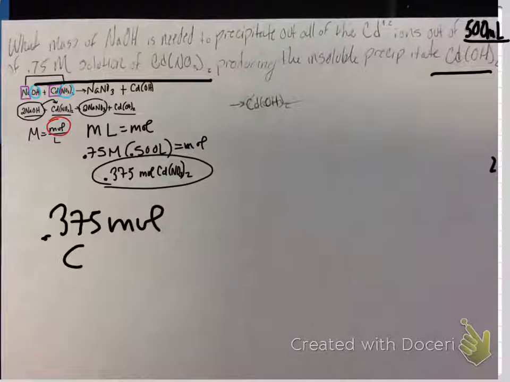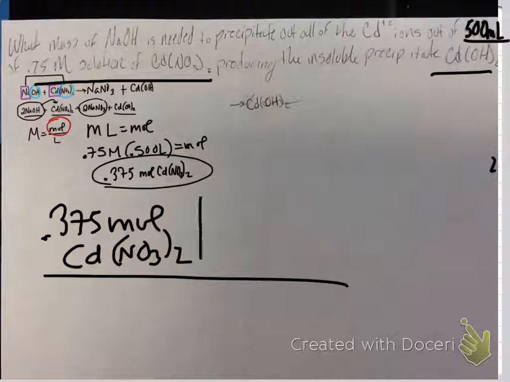0.375 moles Cd(NO3)2 times. For our mole ratio, we have to go back to the balanced chemical reaction.